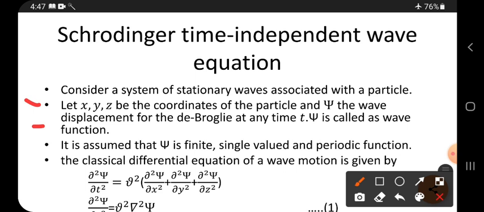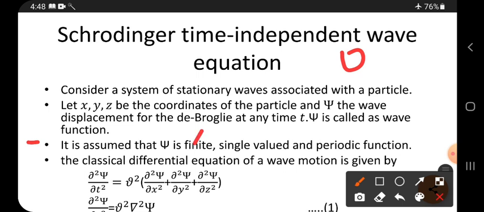To solve the equations in quantum mechanics, we take psi as a displacement, and it is periodic, single valued and finite. It is assumed that psi is finite. Finite means it has a certain value, a countable value, not uncountable.